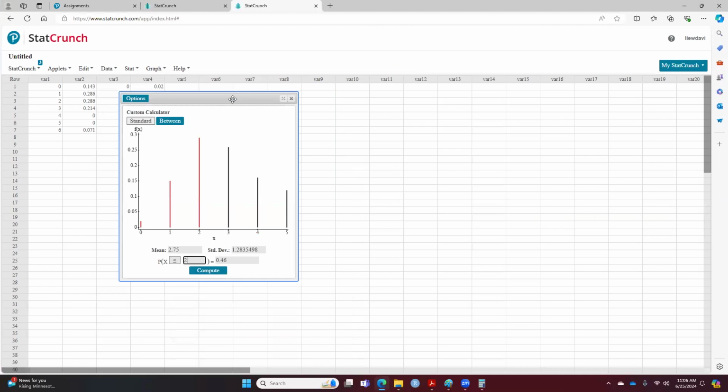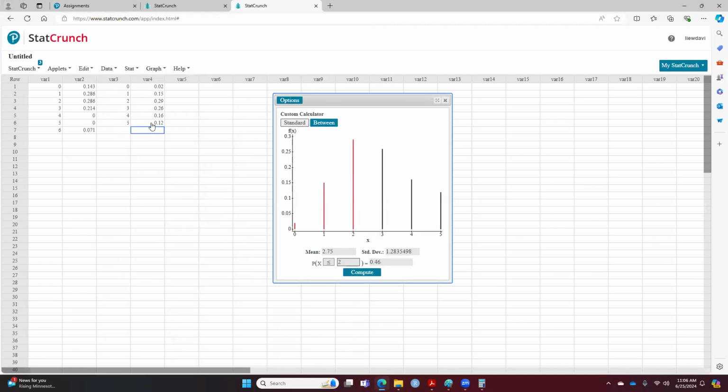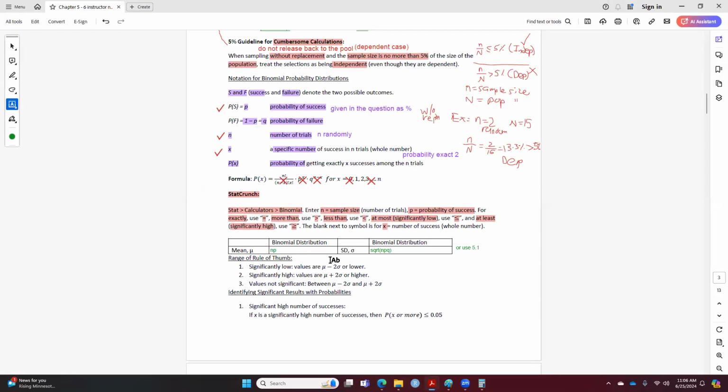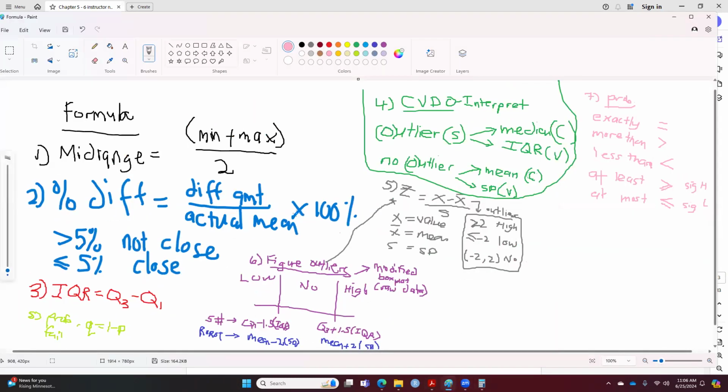You have to enter all this in StatCrunch, and then go to the custom calculator, and this is the mean and this is the standard deviation that you did in 5.1. So if you do not want to use this formula, then you have to use it the way that you just learned in 5.1. Just want to point that out to you, so this is the next formula here.